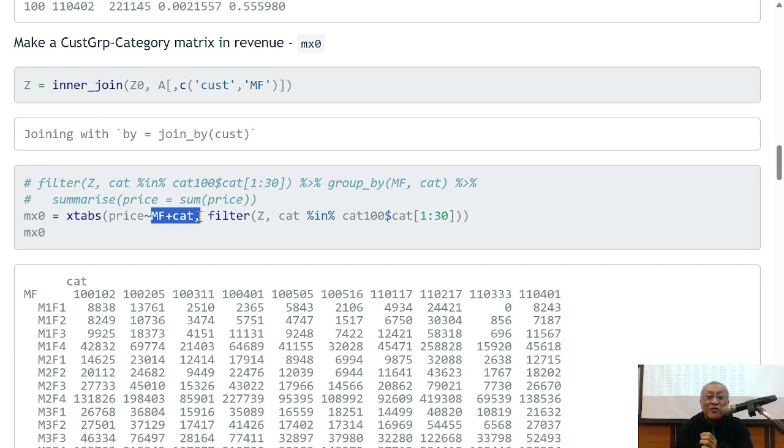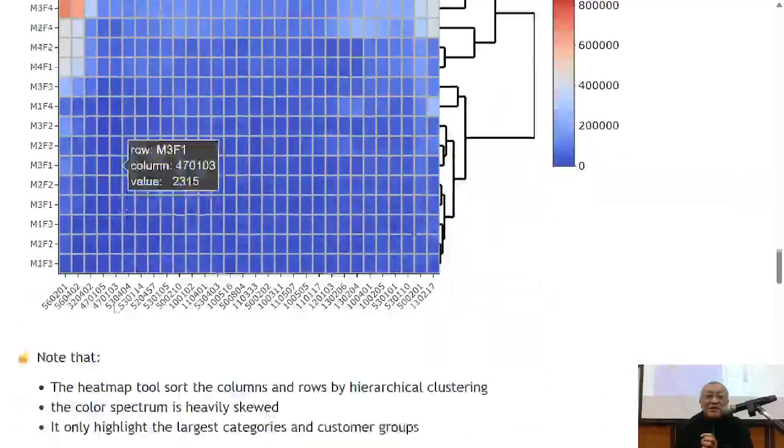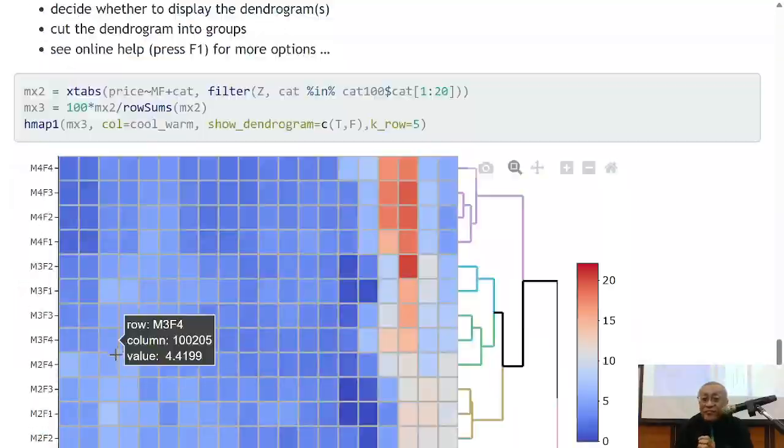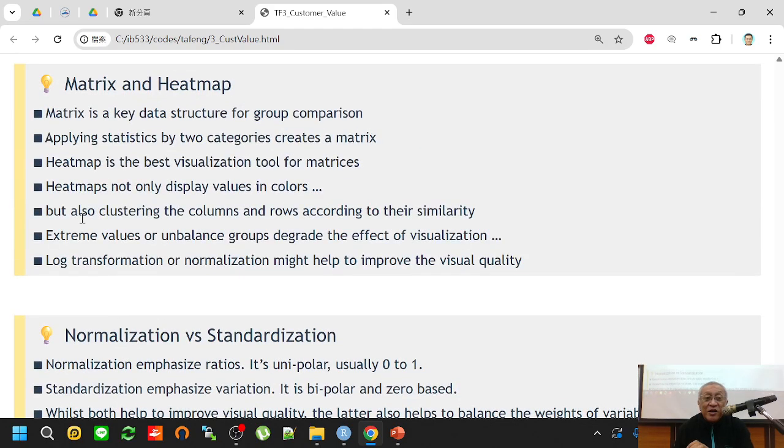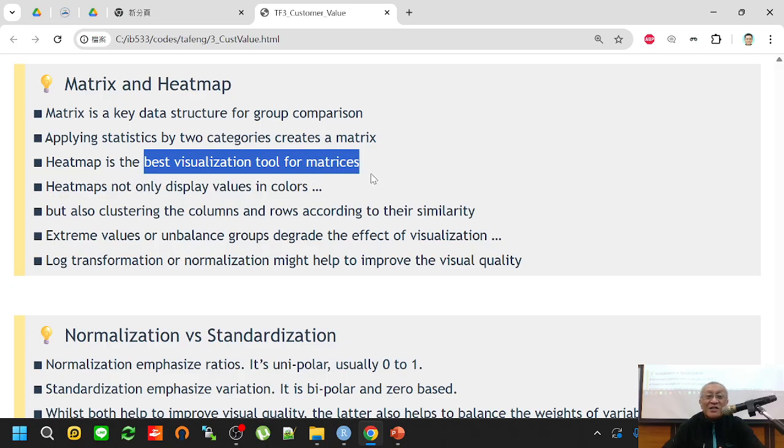And then when you have a matrix, the matrix has a lot of numbers, so you need to visualize it, right? So you can use a heat map. It's the best tool to visualize matrices, okay?